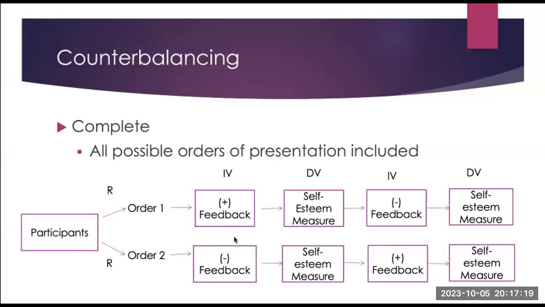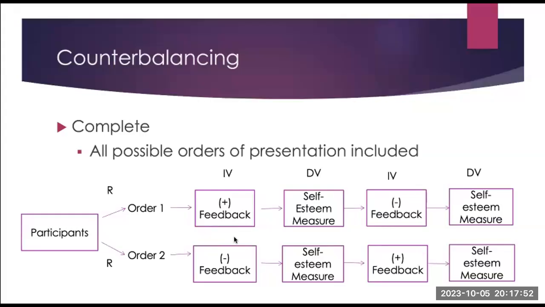In order 1, the people receive positive feedback, and then self-esteem is measured. Then they receive negative feedback, and then self-esteem is measured again. In order 2, they get negative feedback first, then the self-esteem measure, then they get positive feedback and the self-esteem measure again. By counterbalancing this order, we get a sense of whether there is an effect of having the positive feedback first or the negative feedback first on somebody's self-esteem.